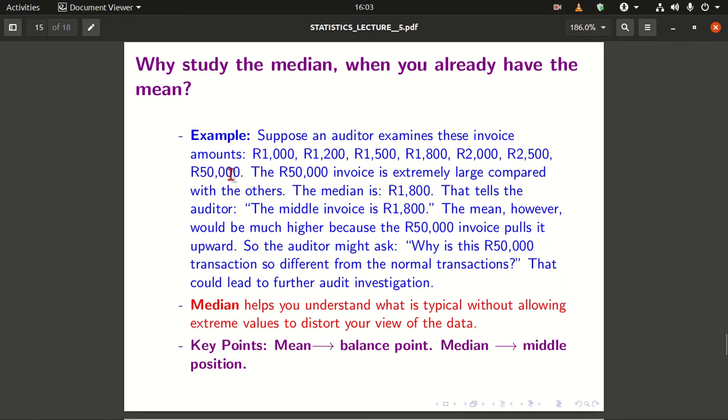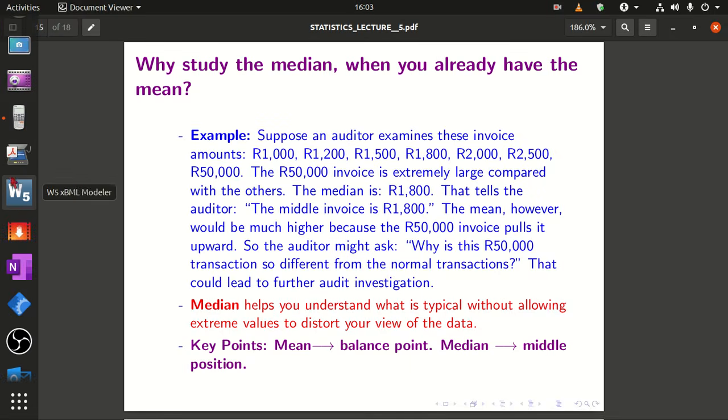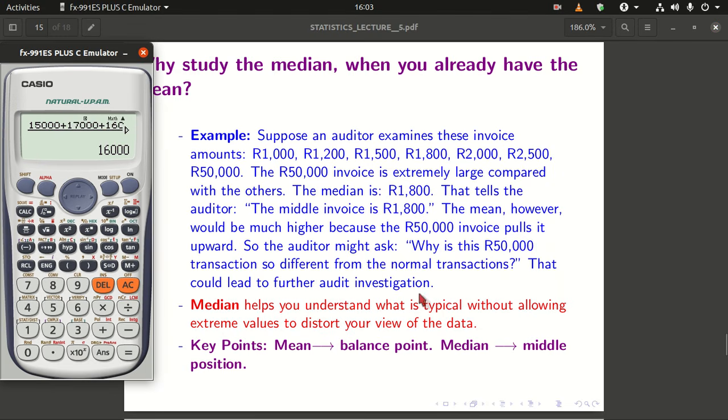Now, let us first look at the mean, and then I will explain what this is actually saying. Let's calculate the mean.